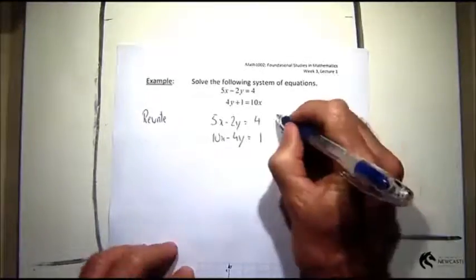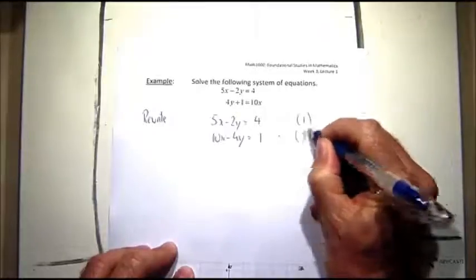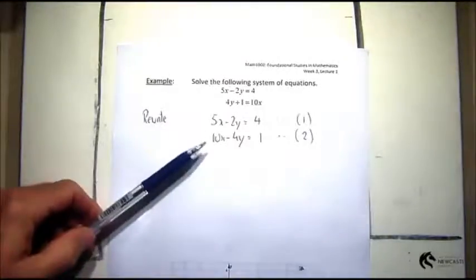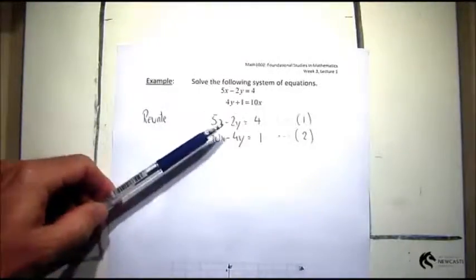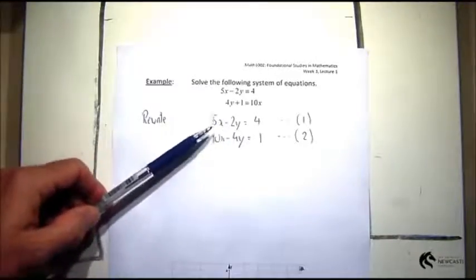And I would call those equation 1 and equation 2. Now, in this case, it's not too hard to make either x or y the subject of one of those equations, but given that they've got a coefficient that's not 1, I think I'm going to do an elimination method.